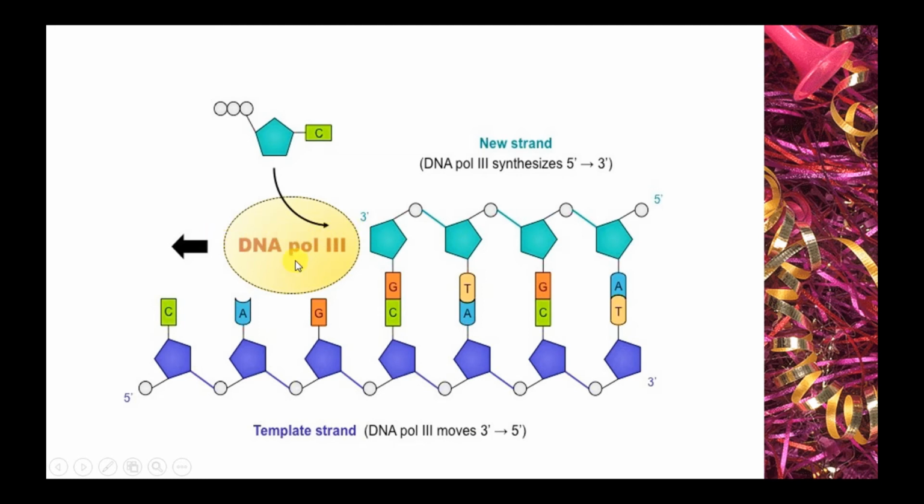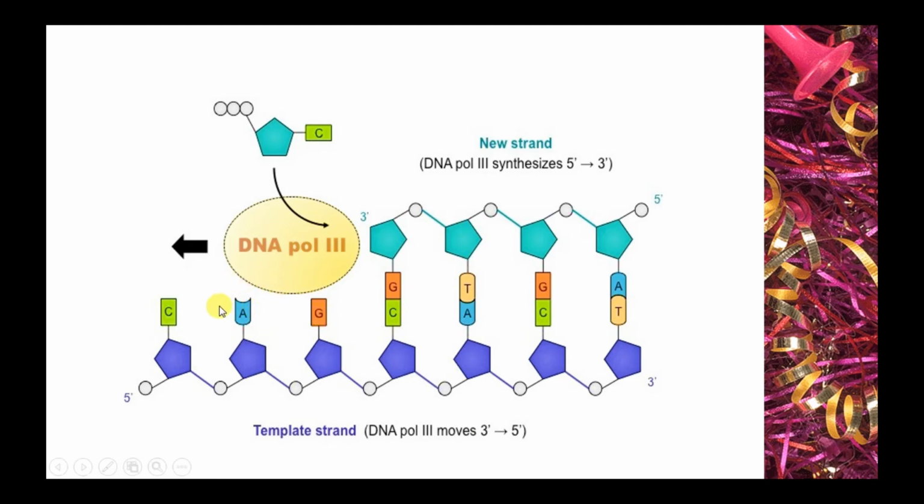This is the parental strand, which is also called the template strand. This is the new strand which is being synthesized. The new nucleotides are coming and attaching to each other, and you can see the nitrogenous base will be attached to the nitrogenous base of the parental molecule. You know that guanine will always connect with cytosine, and adenine will always form a hydrogen bond with thymine.